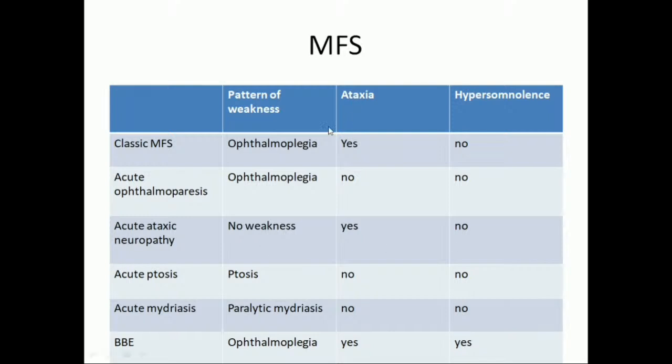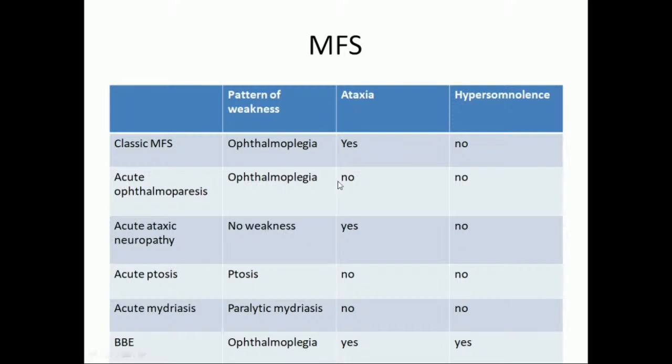But there may be other local forms of Miller-Fisher variant, meaning there may be only ophthalmoplegia and no other symptoms, or only neuropathy, or only ataxia, or only ptosis or only mydriasis, or if there is affection of sensorium, then it is also called Bickerstaff brainstem encephalitis.